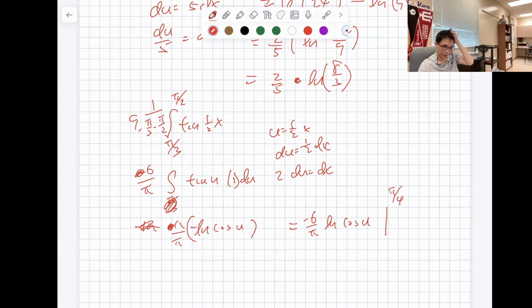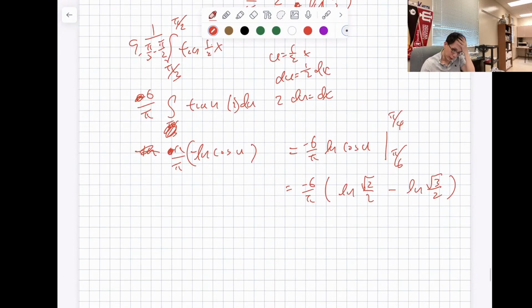And pi over 3 times half, so pi over 6. So it'd be -6 over pi times ln of square root 2 over 2 minus ln of square root 3 over 2. And I think at this part, I will give you full credit.